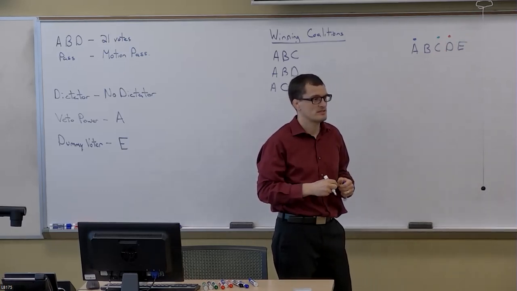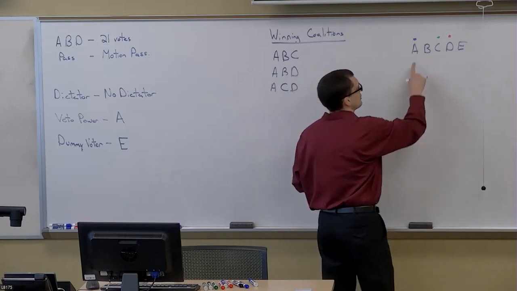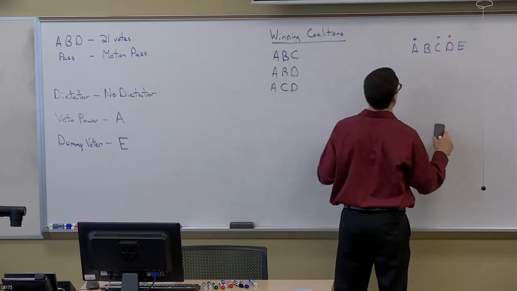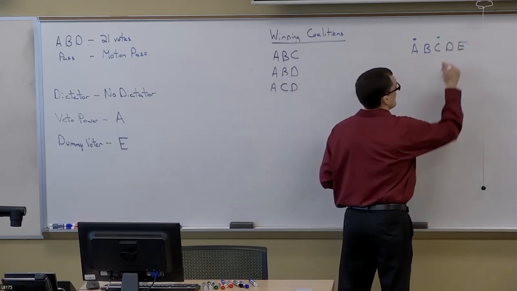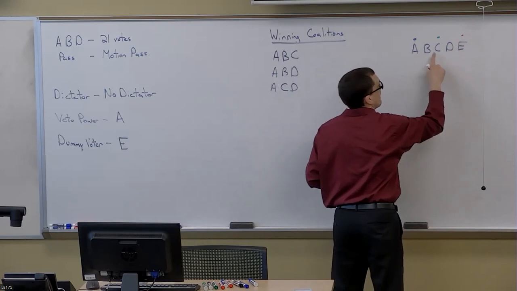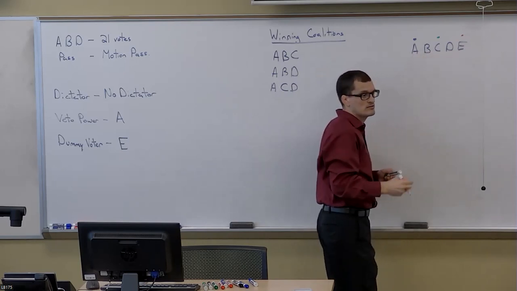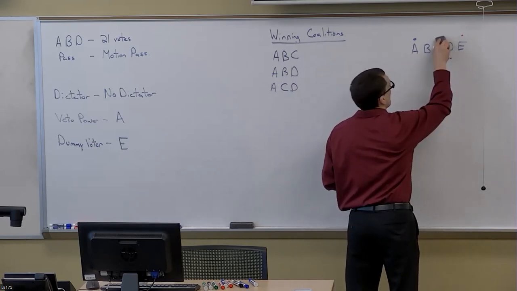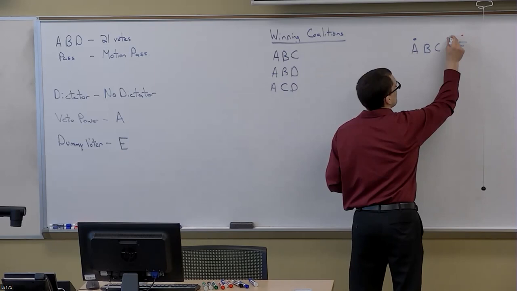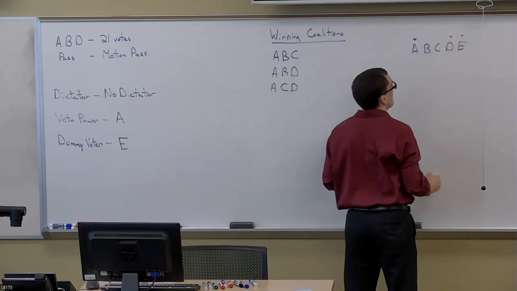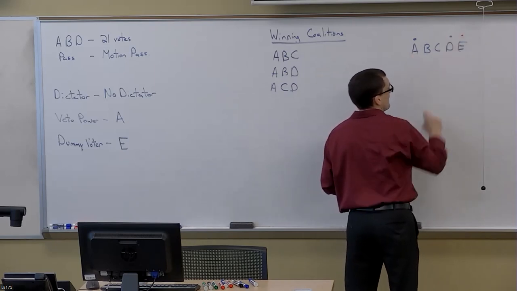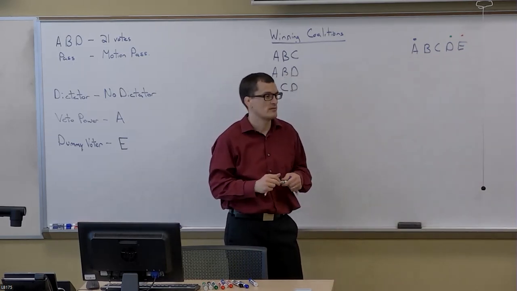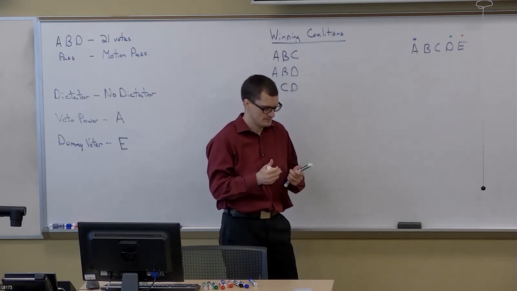Does that make sense? So I start over, I check this one, ACD. That works, so I write it down. Then I move this red one over. ACE does not work, so I don't write that one down. Now my red dot's at the end, and I go back, move my green one over. Check that, ADE. That does not work. You don't get up to 20 with that. You get like 17.